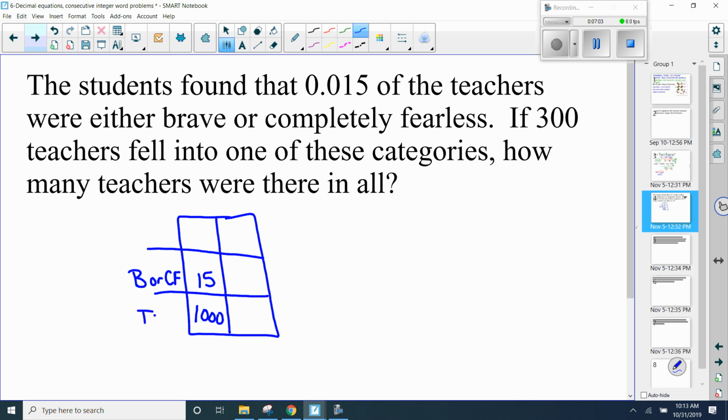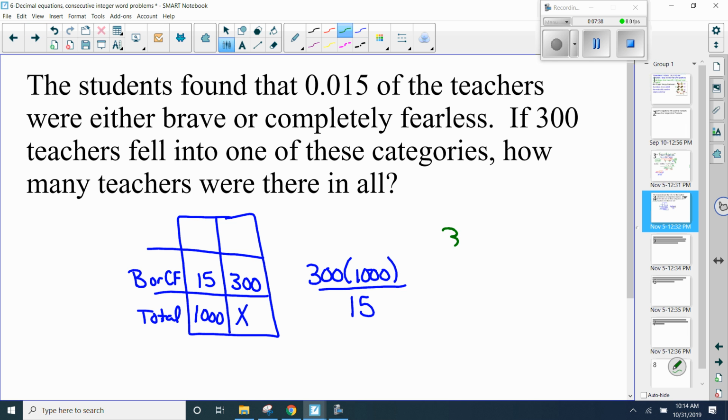So here's your total. 15 thousandths are brave or completely fearless. If 300 teachers fell into one of these categories, so how many teachers are there? 300. They want to know how many teachers were there in all. Cross multiply and divide. What are you going to multiply together? 300 and 1,000. And we're going to divide by 15.